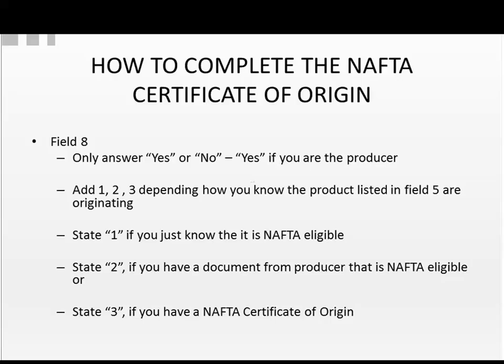Then number 2, if you have a document from the producer that it is NAFTA eligible, or 3, by far the best, you would put a 3 if you have a NAFTA certificate of origin. Finally, in field 8, if you're not the producer, you would just put a no.